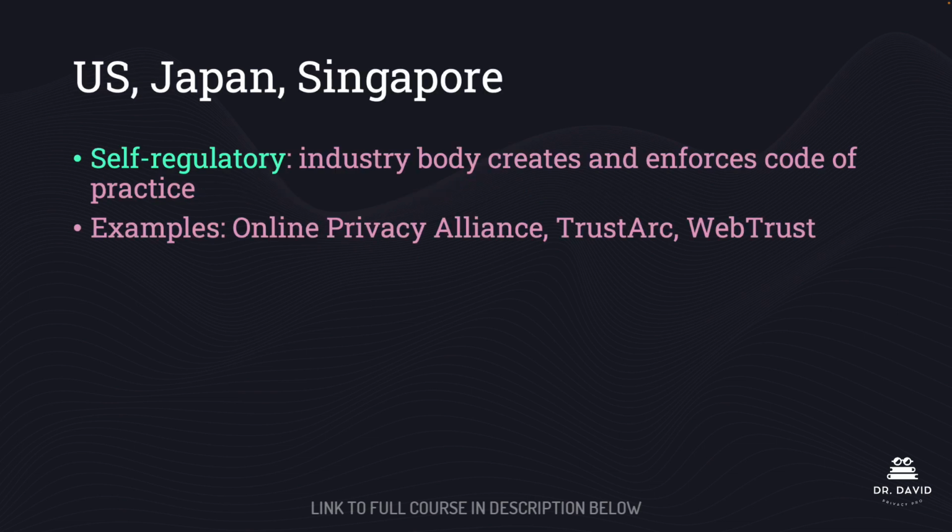The final of the 4 regulatory models that we're going to look at is the self-regulatory model. We looked at a couple examples of this in a recent lecture. Under the self-regulatory model, an industry body creates and enforces a code of practice. Examples include the Online Privacy Alliance, TrustArc, and WebTrust, and we can find examples in the US, Japan, and Singapore.